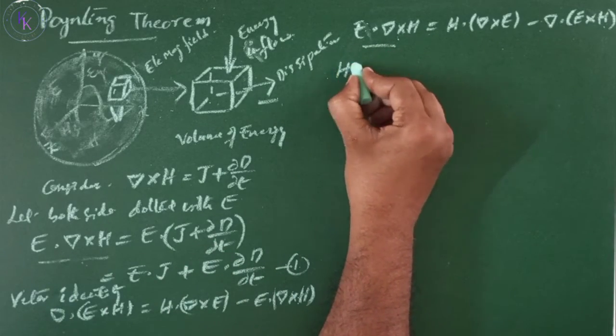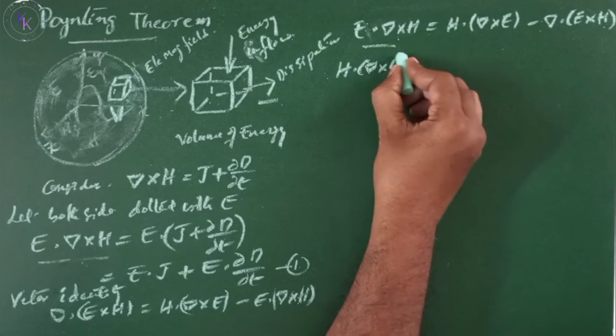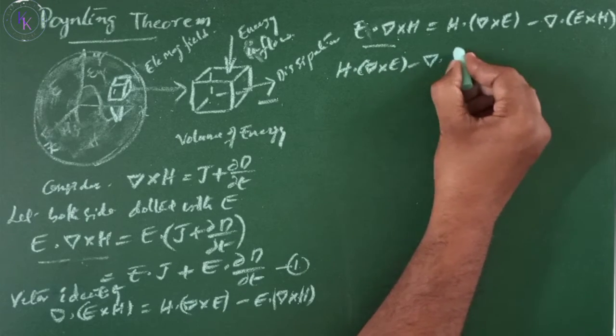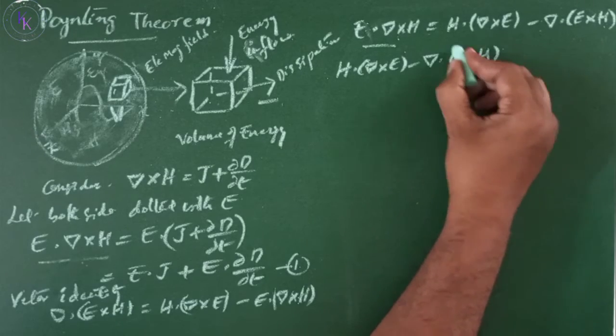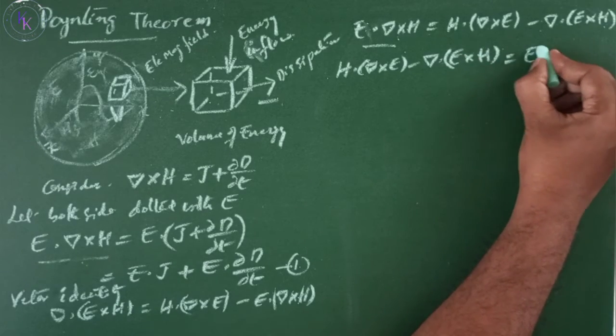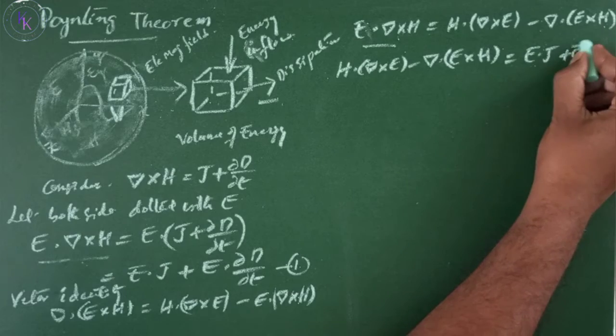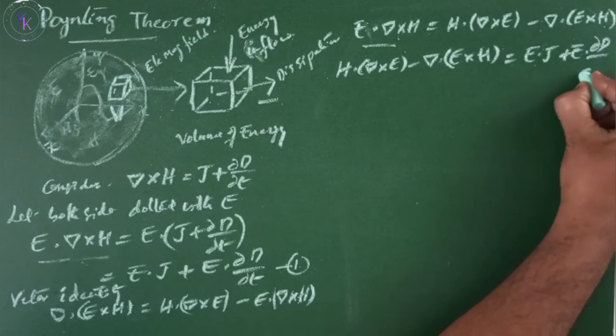Then H dot del cross E minus del dot E cross H equals E dot J plus E dot dou D by dou t.